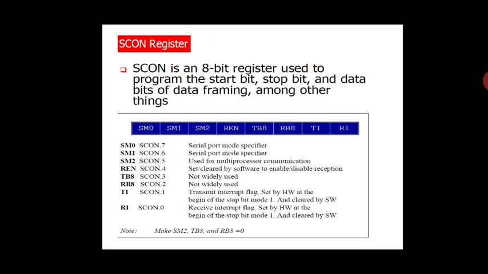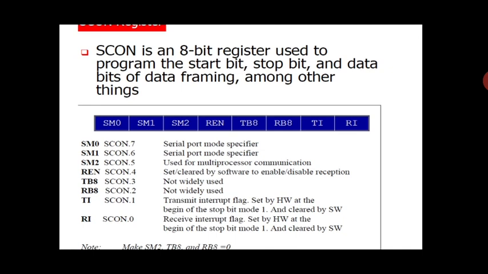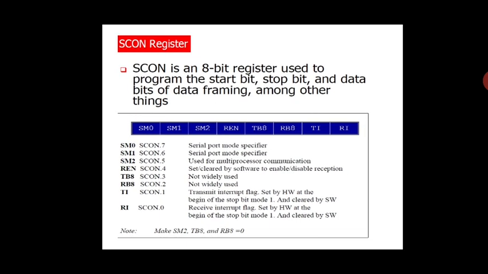The next register is the SCON register. It is a configuration register that indicates the status and mode of operation of your serial communication. It has 8 bits: RI, TI, RB8, TB8, REN, SM2, SM1, SM0. We'll see each bit's operation one by one.